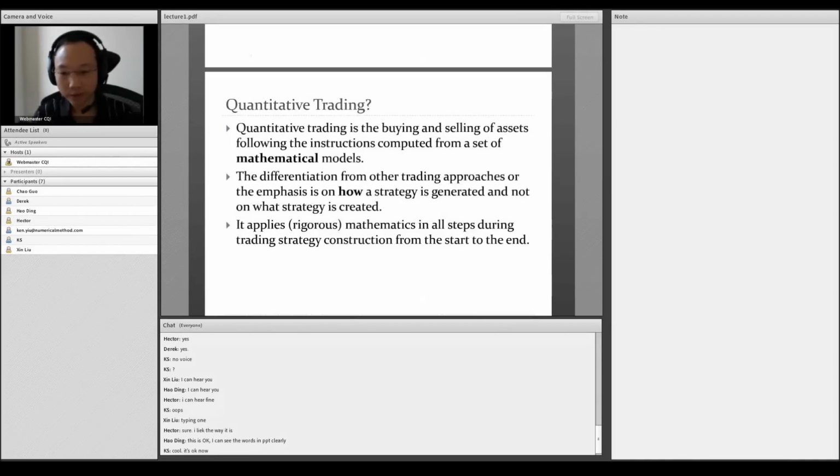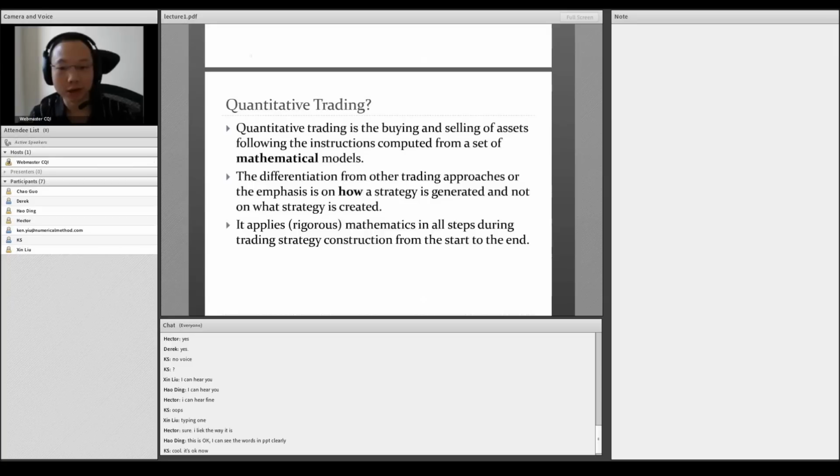It is very different from other trading approaches such as value investing, trading on the fundamentals, or technical analysis. Because for quantitative trading, the emphasis is not on the strategy itself, but on the process to create these strategies.